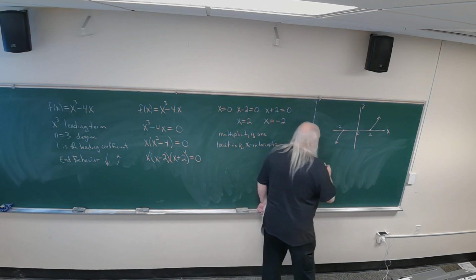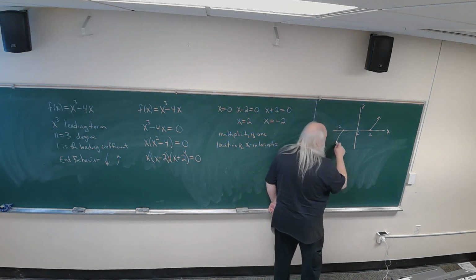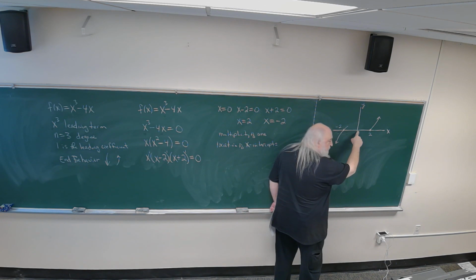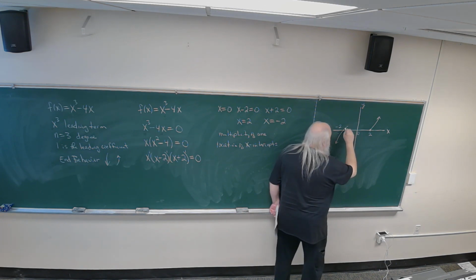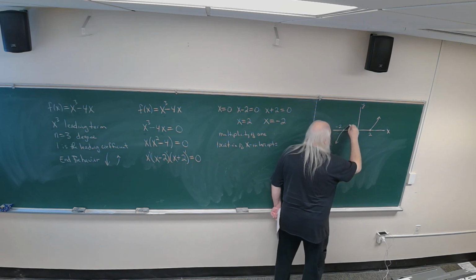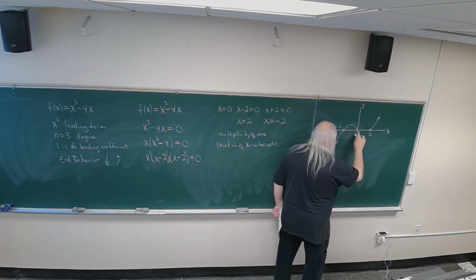On the left end, we know that the graph crosses the x-axis at x equals minus 2. So the graph has to come up, and it's going to cross again at x equals 0. So using deductive reasoning, the graph has to come up, form a turning point, and then come down and cross at x equals 0 at the origin.